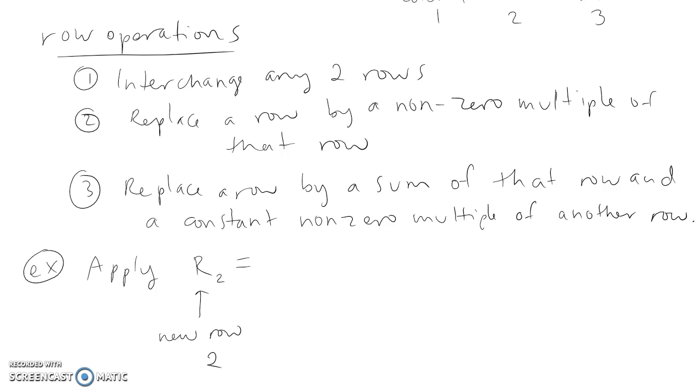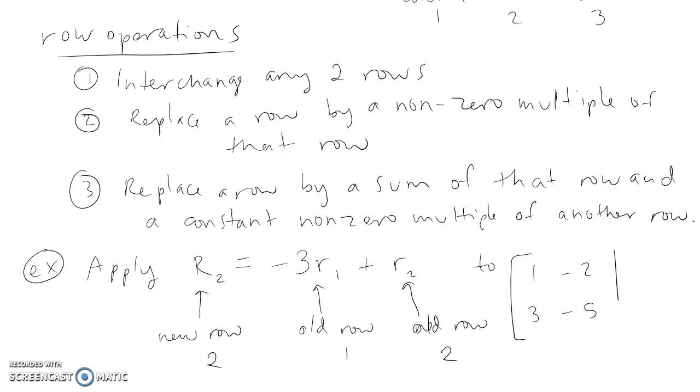The way you're going to create it is you're going to take -3 times little r1, the old or original row 1, and add it to little r2, which is the old row 2. We're going to apply that to the matrix 1, -2, 2 and 3, -5, 9.